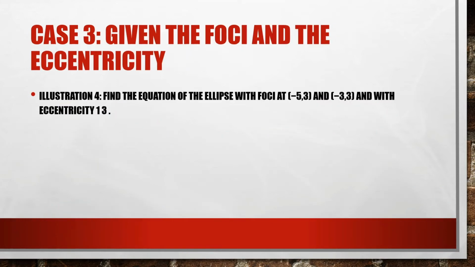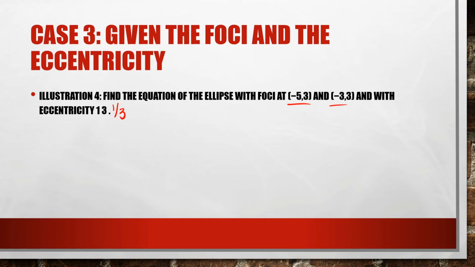For case number 3, given the foci and the eccentricity. So, dito, given yung endpoints nung foci, yung negative 5 and 3, and negative 3 and 3. And then, yung eccentricity is 1/3. So, una natin gagawin is, hanapin natin yung center.